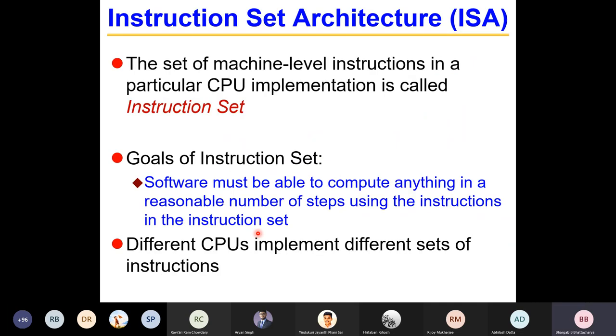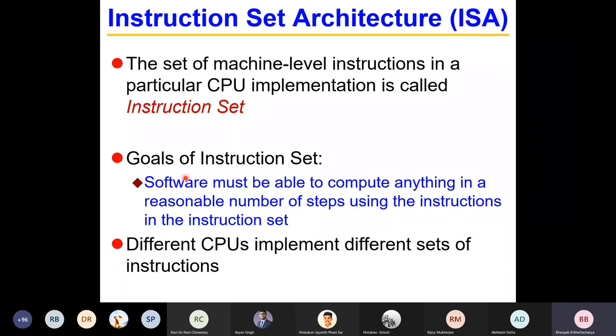All right. So now let us focus on our main issue, that is instruction set architecture. Well, so this is a set of machine level instructions in a particular CPU implementation. It's called the instruction set, and that lies at the hardware software interface. So when designing the instruction set architecture, there are many issues or factors you need to consider.